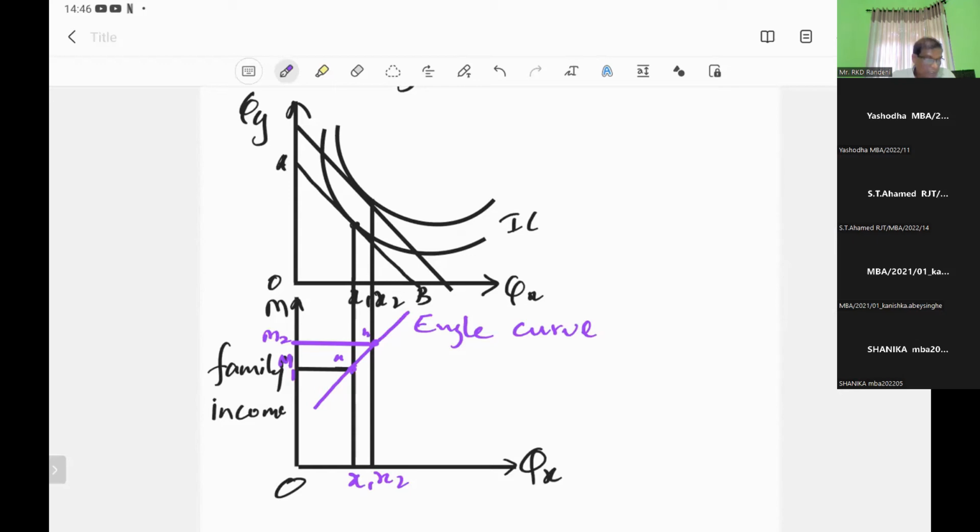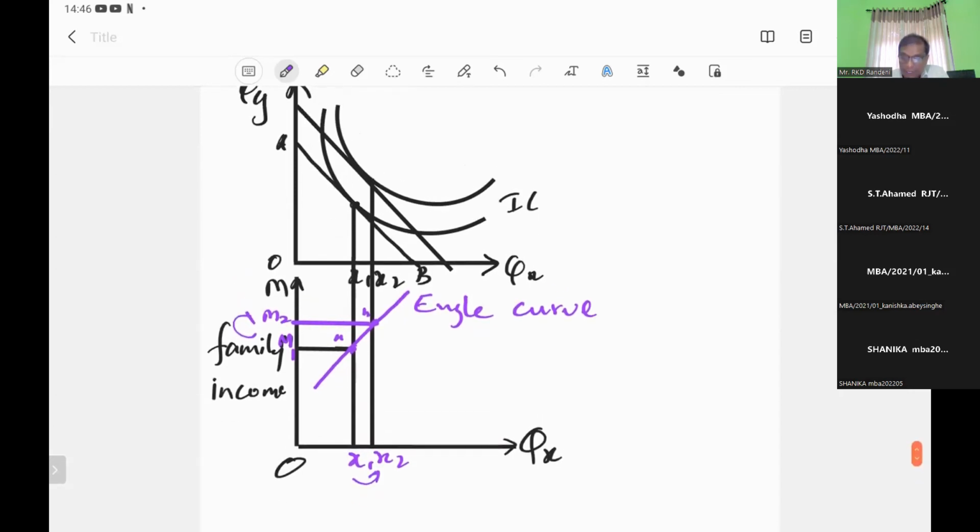The relationship between consumer income and purchasing commodity: he tried to explain that when consumer income is increasing, he can buy more from more commodities.